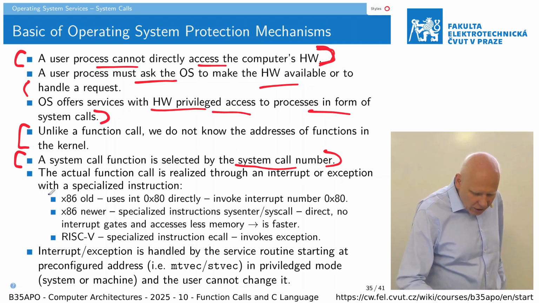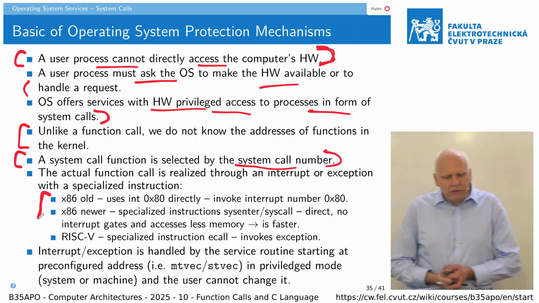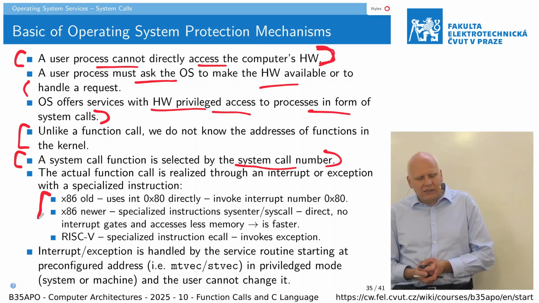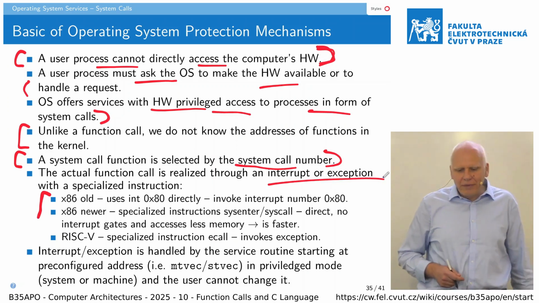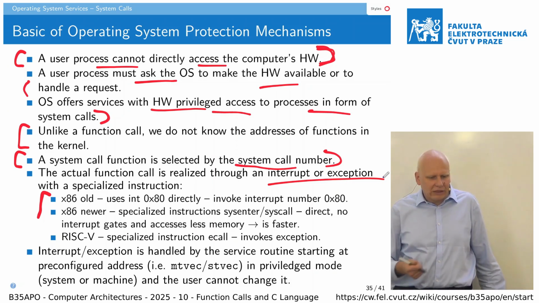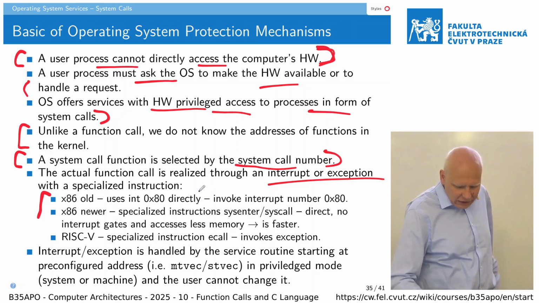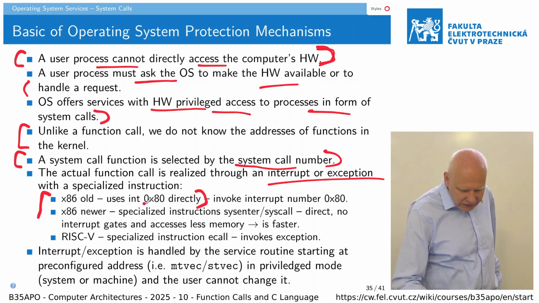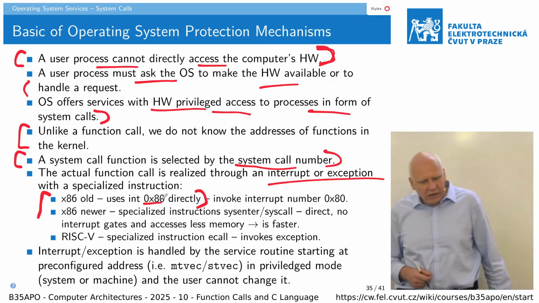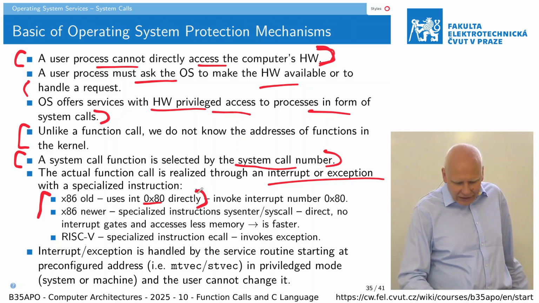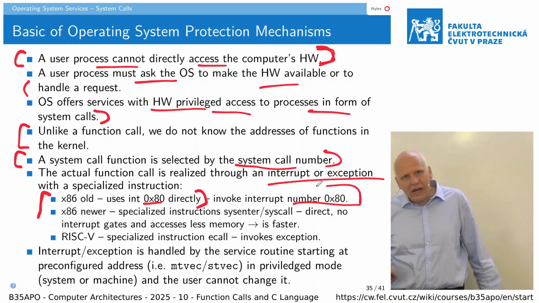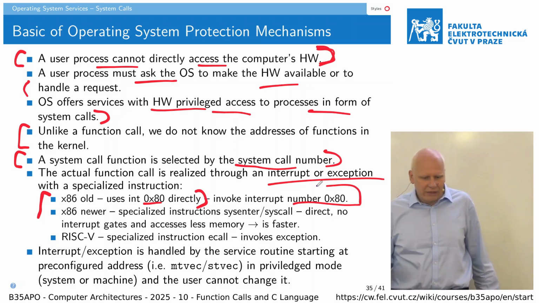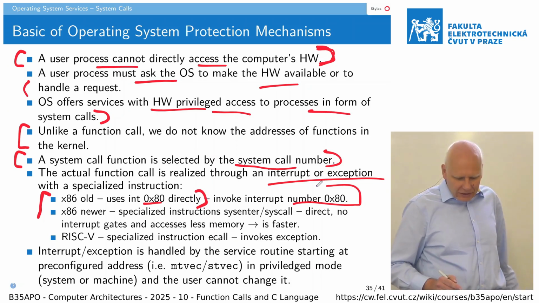The mechanism for invoking a system call differs on different architectures, but it is usually some synchronous interrupt or exception. On x86, initially on Unix systems, interrupt 80, so 128 decimal, was used to invoke the operating system call.